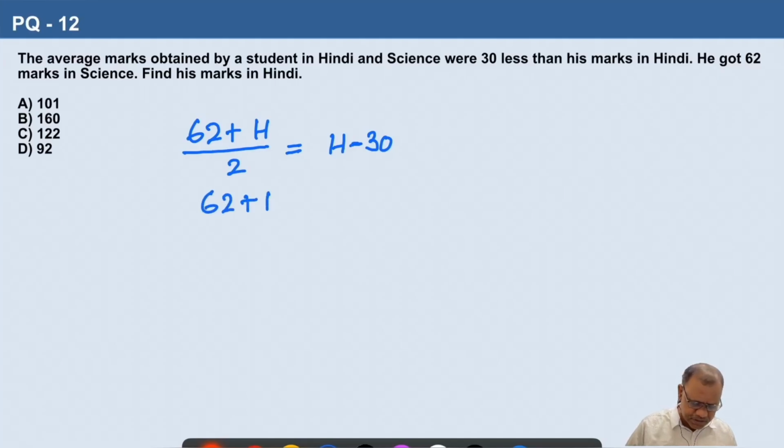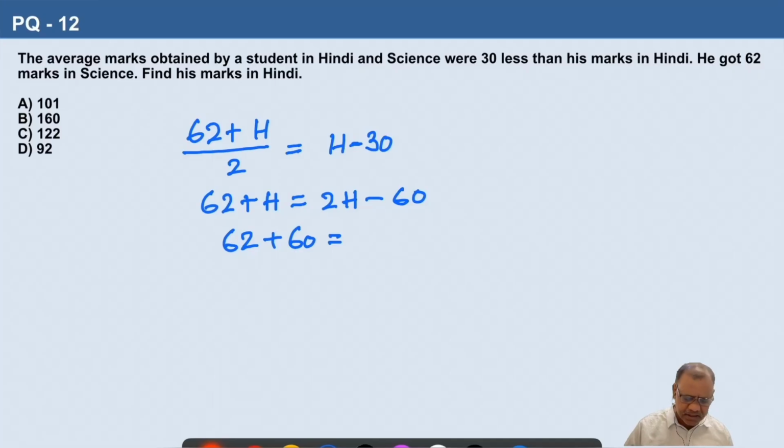62 plus H equals, by cross multiplication, 2H minus 60. 62 plus 60 comes to the left side and 2H minus H comes to the right side, that is H. So H equals 62 plus 60, that is 122.